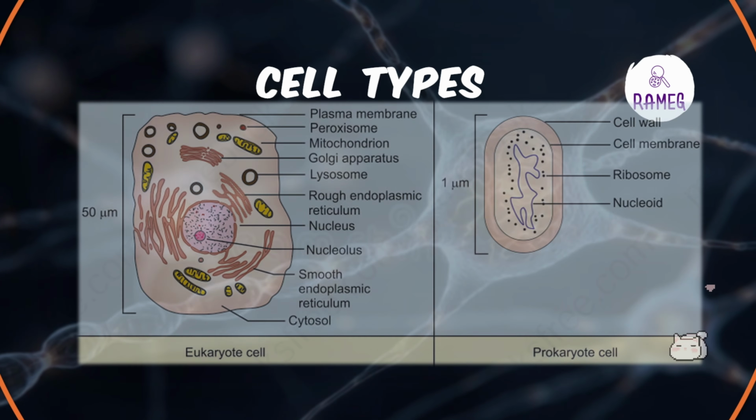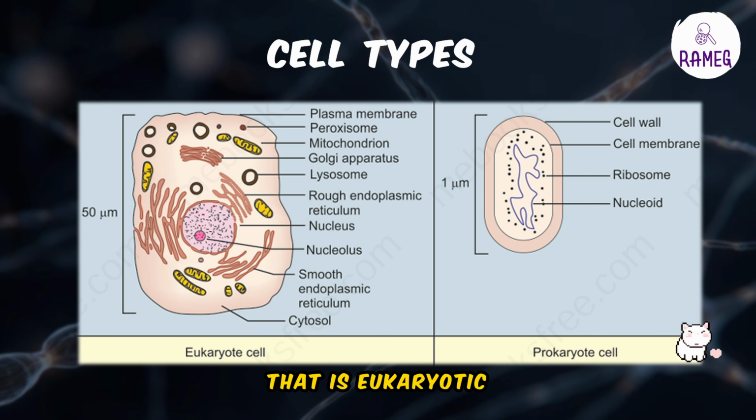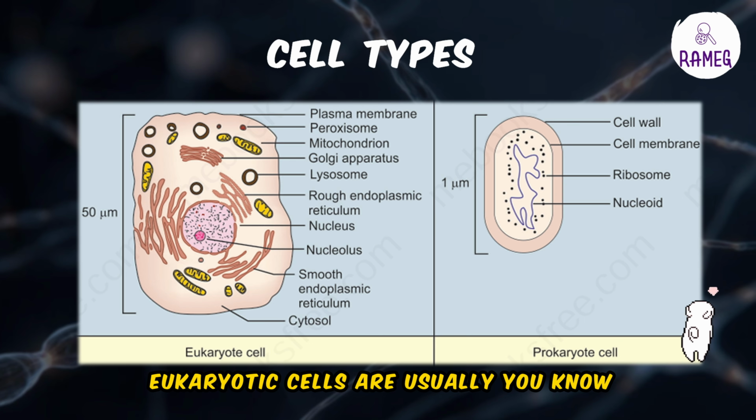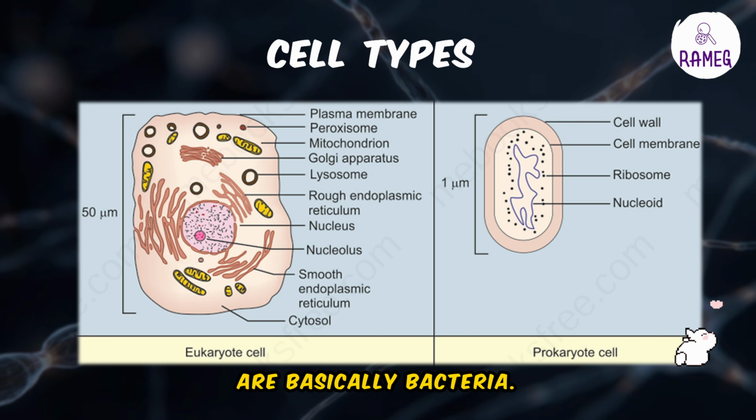Let's get started. Cells can be divided into two types, that is eukaryotic cells and prokaryotic cells. Eukaryotic cells are usually animal cells and plant cells, while prokaryotes are basically bacteria.